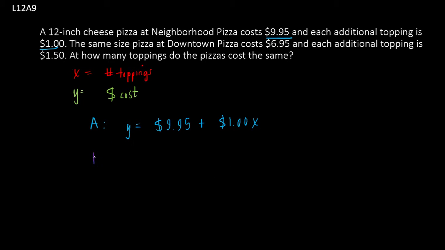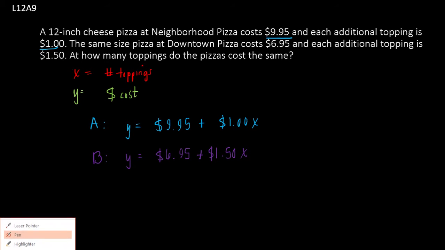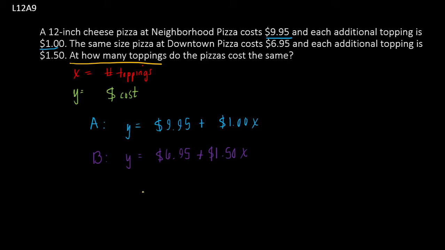We also have this other pizza place where y, the total cost of their pizza, is equal to $6.95 plus $1.50 for every topping after. So again, we multiply by x, the number of toppings, to find out the total cost of toppings for that pizza.